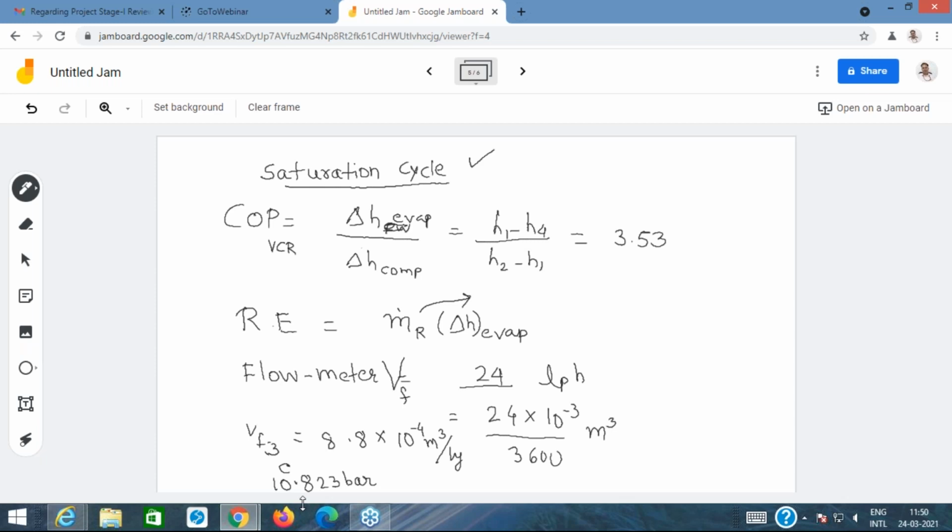And that value you can check, because VF is, if you solve this VF, 24 into 10 raised to minus 3 upon 3600. The answer I have is 6.67 into 10 raised to minus 6, whatever.